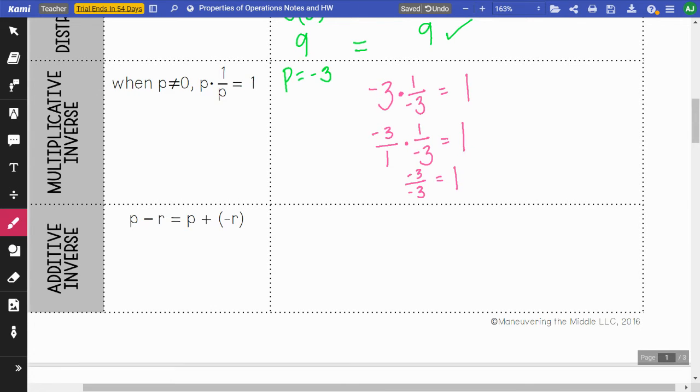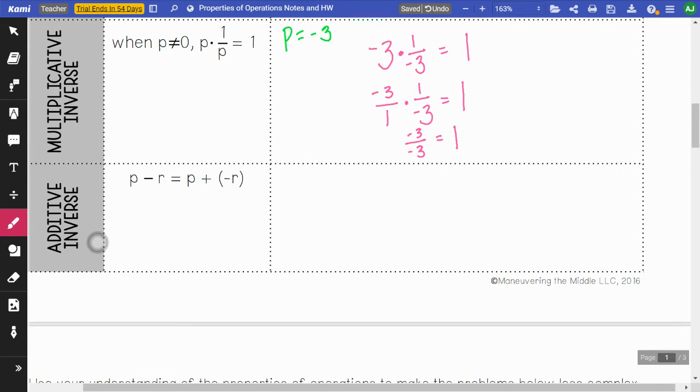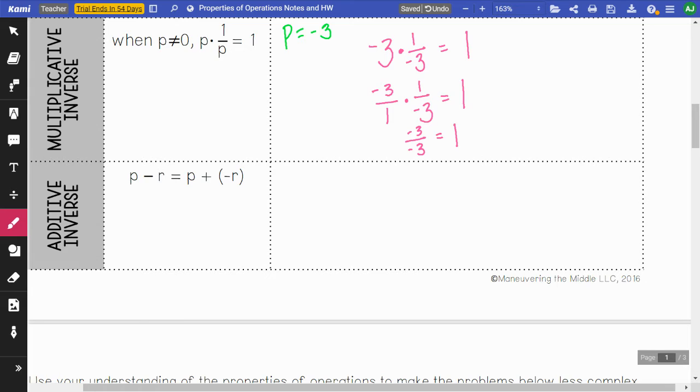That is the same thing as when we change from division to multiplication using keep change flip. So your multiplicative inverse is just another way to get rid of a fraction so that you don't have to worry about fractions in a problem, especially if there's only one or if they're pretty big numbers.